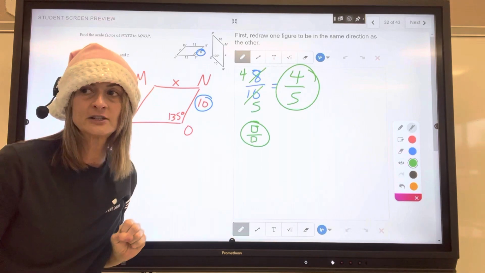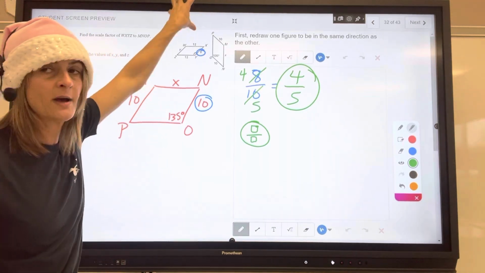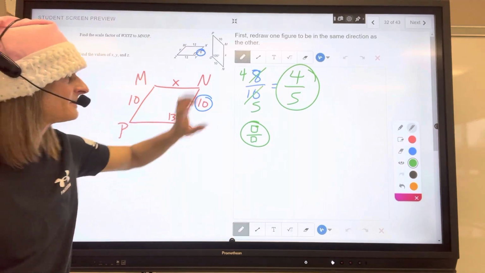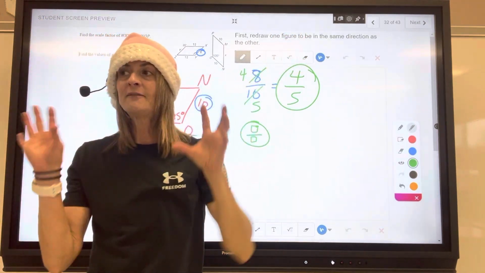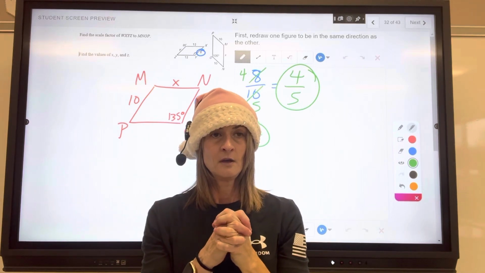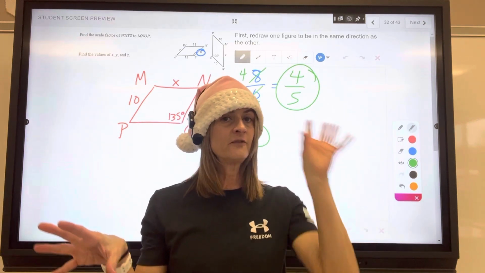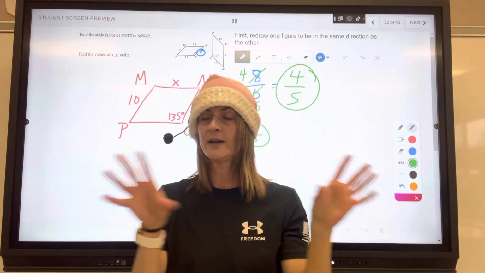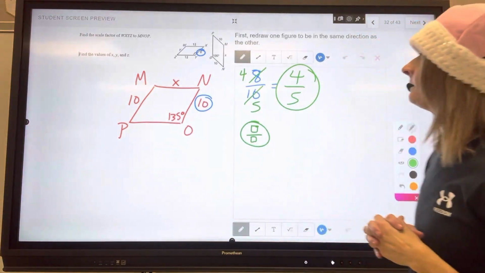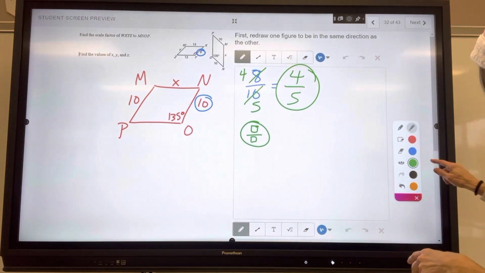What's the scale factor of MNOP to WXYZ? The other direction. Right, it'd be 5 to 4. So you have to be careful about what number you put first. 5 to 4 is different than 4 to 5. You have to answer whatever question they ask. Good? Okay.